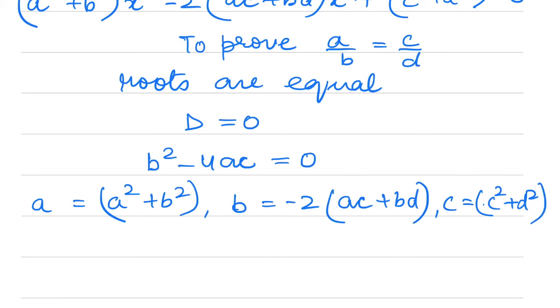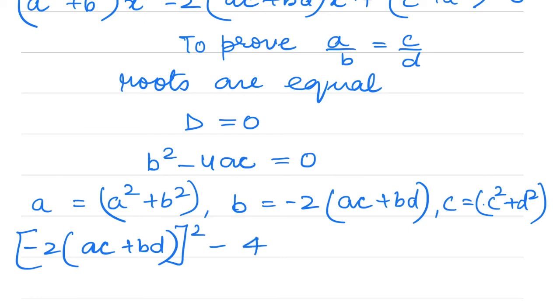Substituting, we have b square as minus 2 into (ac plus bd) whole square minus 4 into ac.